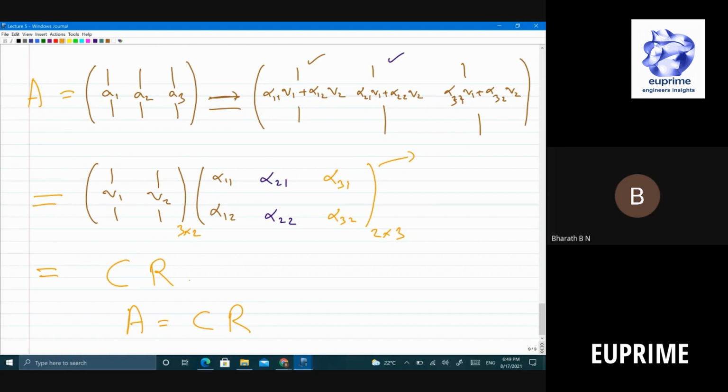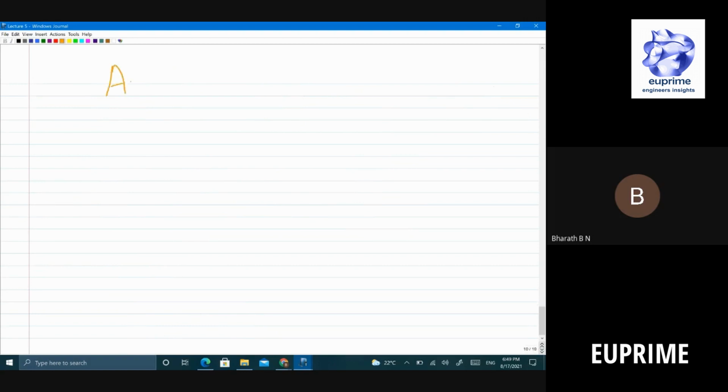Suppose the row rank of R is 1 itself, that means this is some 2 times this, suppose. So, okay, let's write that. A is CR, right? But R has row rank of 1. So let me write this: R1, alpha times R1. This is what you have.